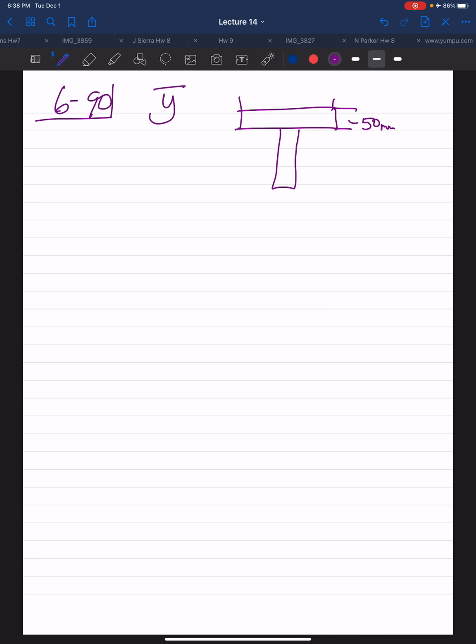This total width here is 300 millimeters. The height here, this is 250 millimeters. And this thickness here is 50 millimeters.